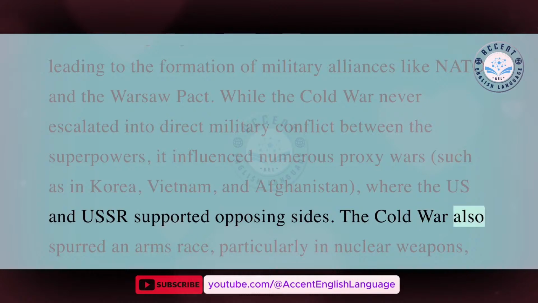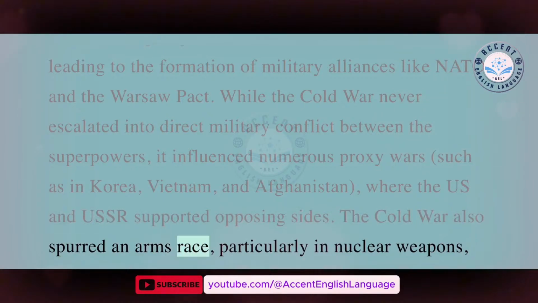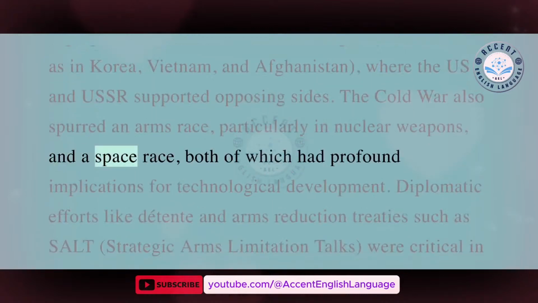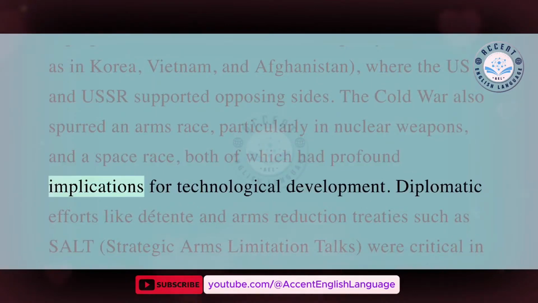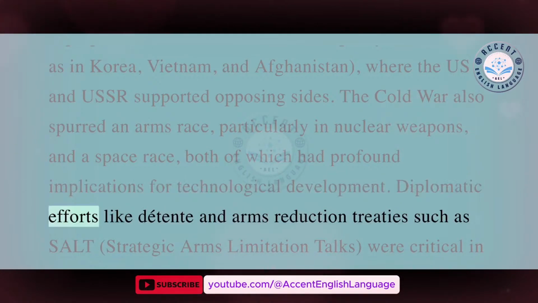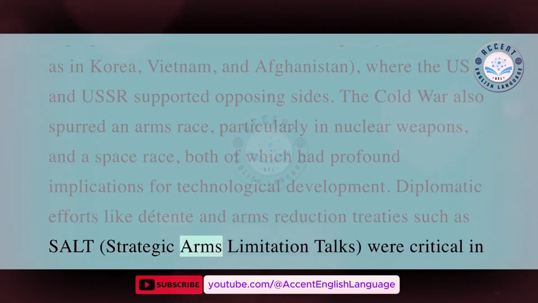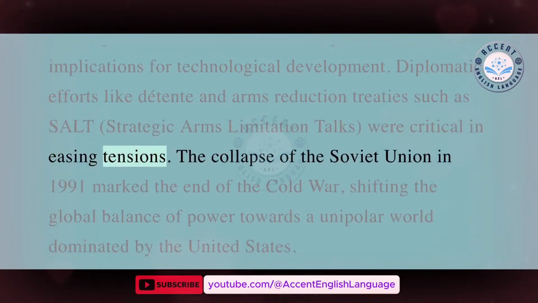The Cold War also spurred an arms race, particularly in nuclear weapons, and a space race, both of which had profound implications for technological development. Diplomatic efforts like deterrence and arms reduction treaties such as SALT, Strategic Arms Limitation Talks, were critical in easing tensions.